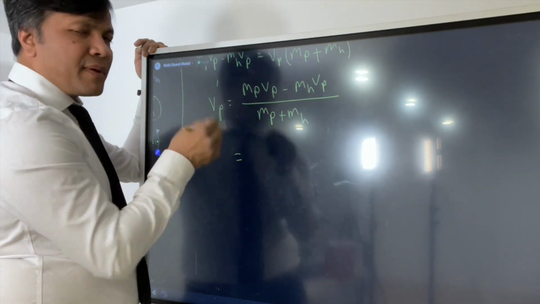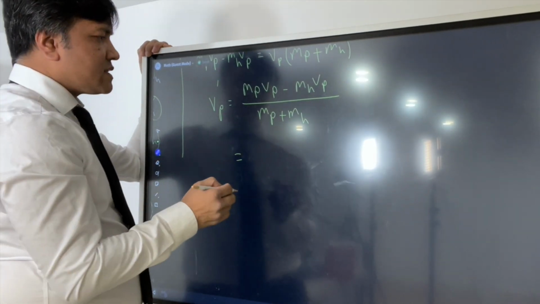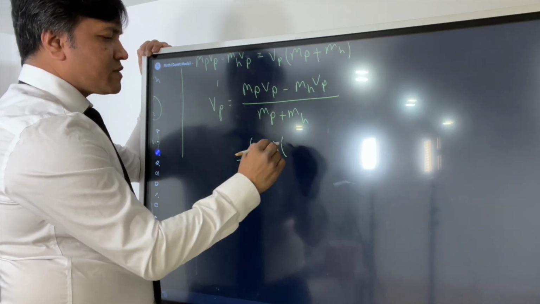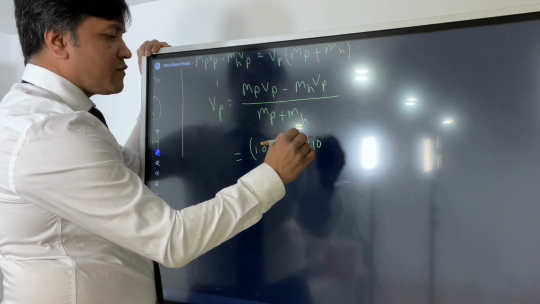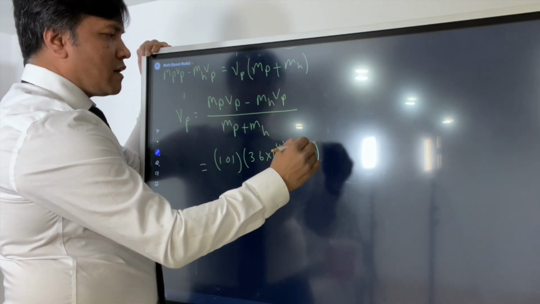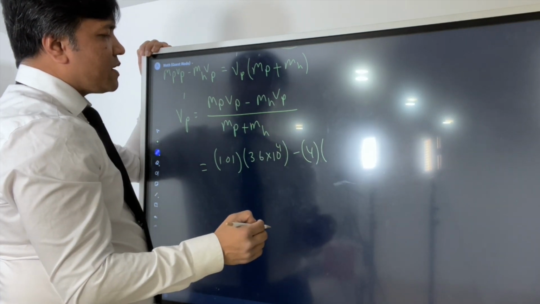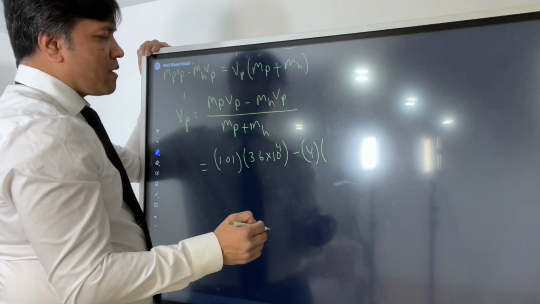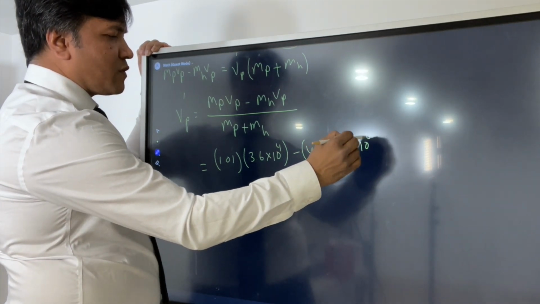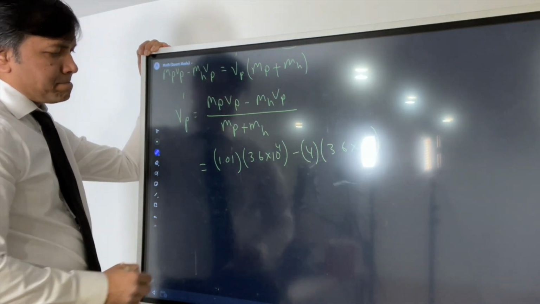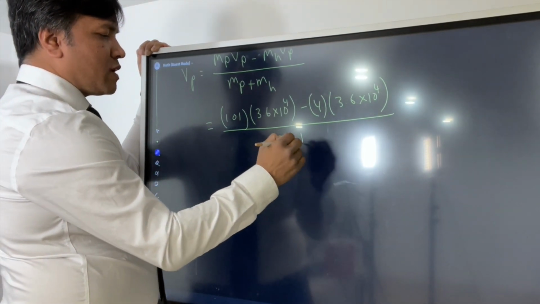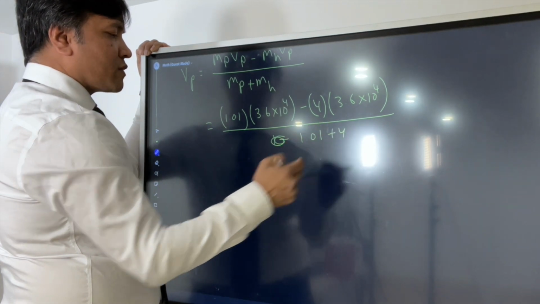Alright, so MP is how much? It's easy, MP is of course 1.01. VP is 3.6 times 10 raised to 4, minus MH, which is 4, times VP, which is 3.6 times 10 raised to 4. So 1.01 plus 4 in the denominator.